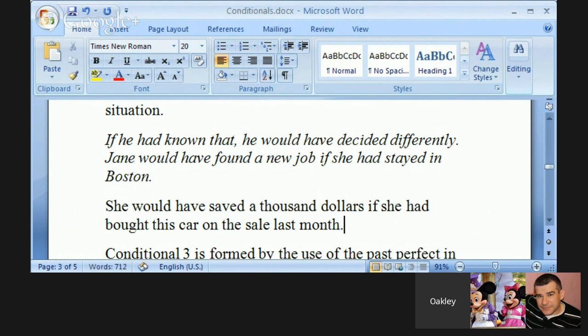Okay, there you go. All right, you definitely have the verb tenses down, which is, in fact, the most important part, definitely. She would have saved $1,000.